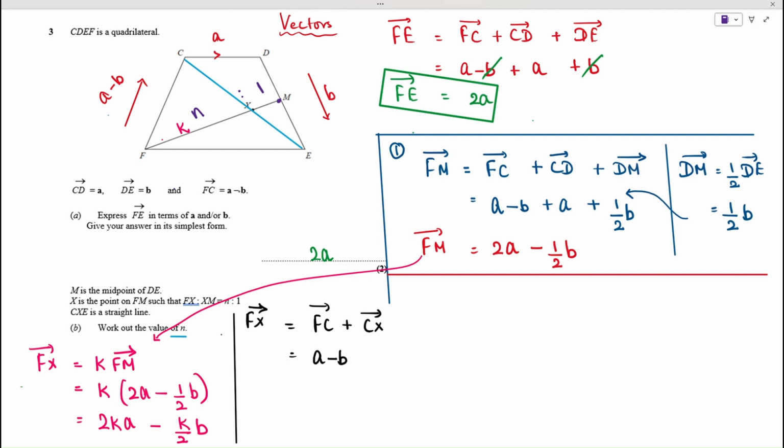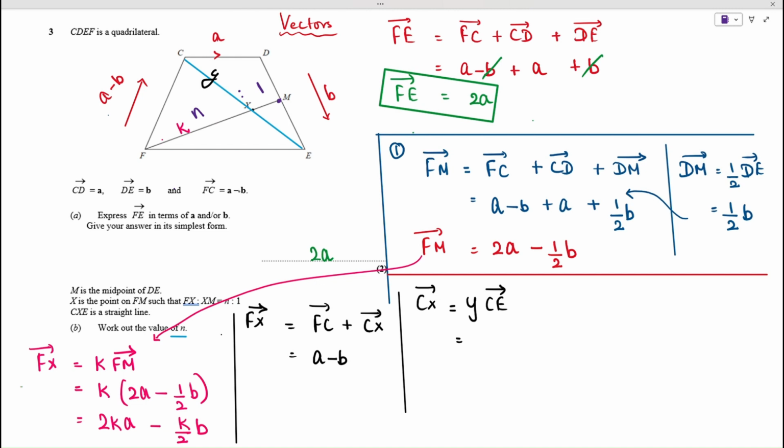We are told in the question that CXE is a straight line. So with the same thing that we did for F to X, we're going to add another constant. We're going to call this y. And so y multiplied by C to E is going to give us C to X. So C to X is equal to y times C to E. And we know that C to E is a plus b.